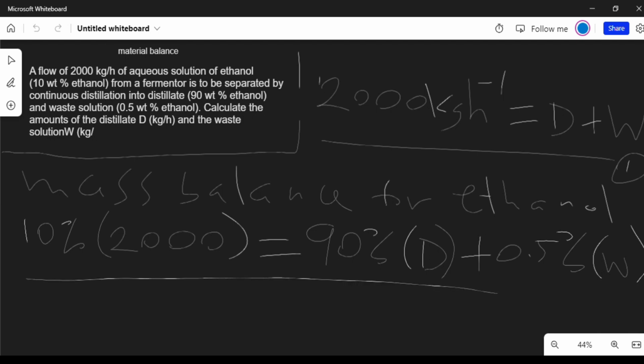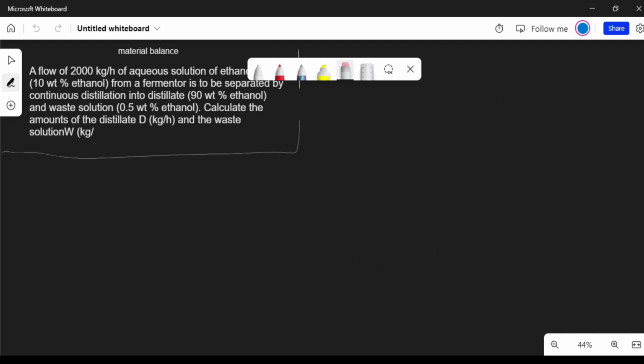This particular solution indicates our equation 2. So you realize now that we have two working equations that we can actually use to derive the value or the quantity of the distillate and the waste product. Now, having these two equations in mind, all you have to do is make sure you solve the two equations simultaneously, and with that you end up getting the values for D and W.